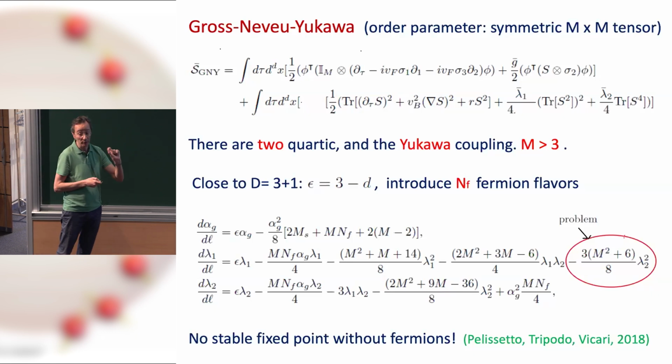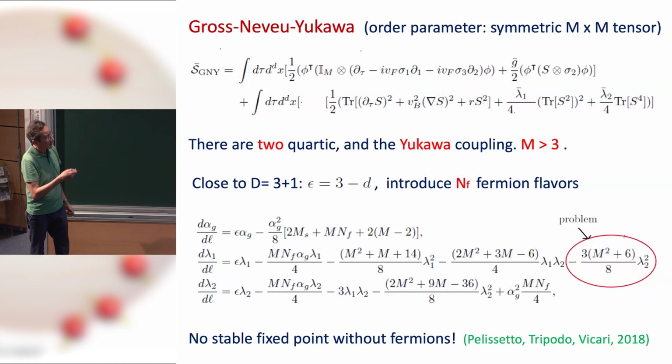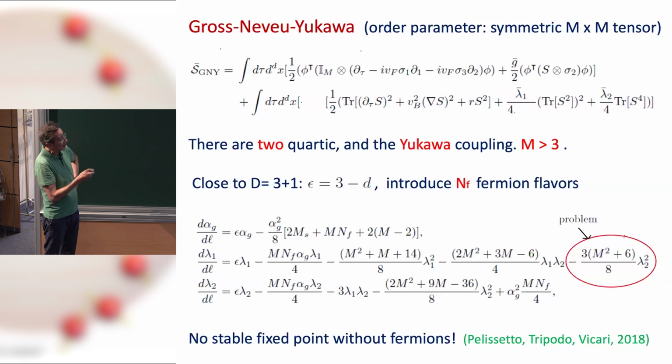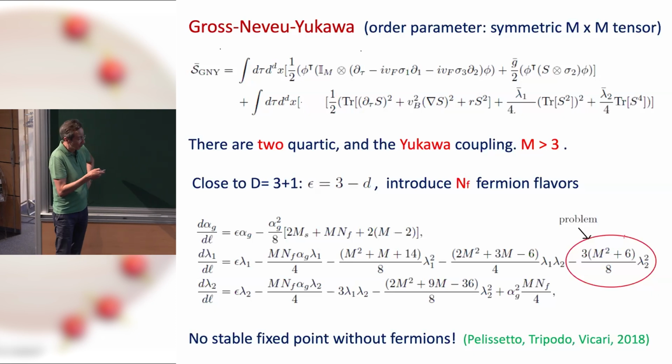I don't have that freedom in the Gross-Neveu model, but in this theory I can simply add this index. I'm adding it because my claim is that if NF is equal to 1, that does not help enough to actually get a stable critical point. But making NF large, generically, in all theories of this type, will produce a critical point.